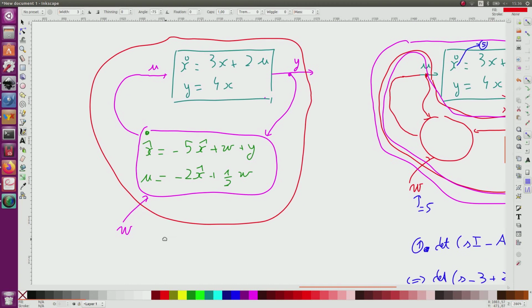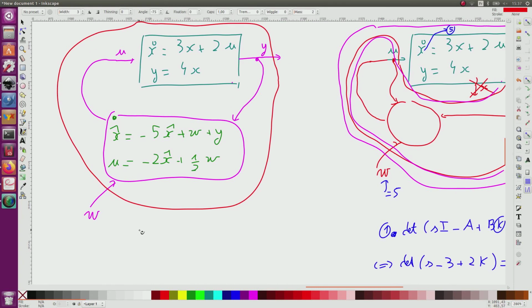So if I want to compute the state equation of this system, the state is x and x hat, and I compute their derivative with respect to x and x hat.